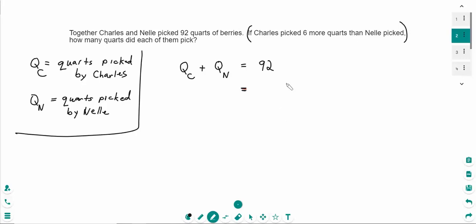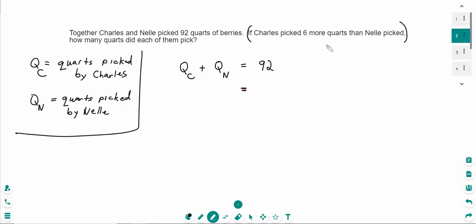Okay, if Charles picked 6 more quarts than Nell, if we're trying to turn it into an equation, we have to find an equality. We have to find two things that are equal to each other. Now, clearly, the number of quarts that Charles picked and the number of quarts that Nell picked are not equal, are they? We can't say that they're equal because it says Charles picked 6 more quarts than Nell.